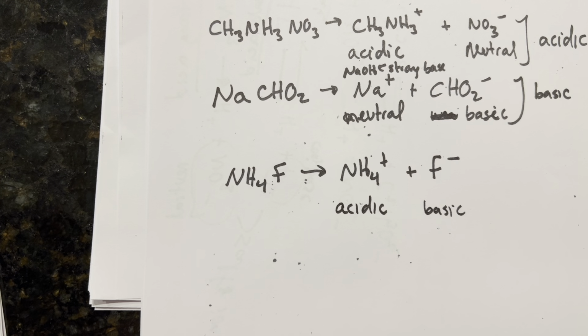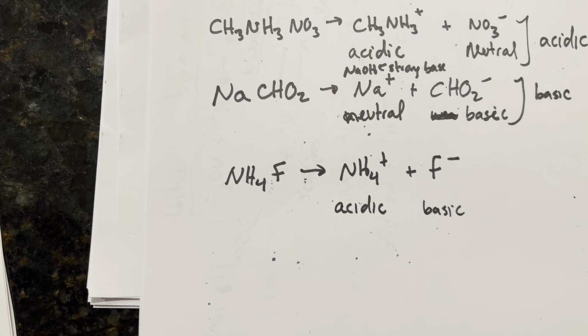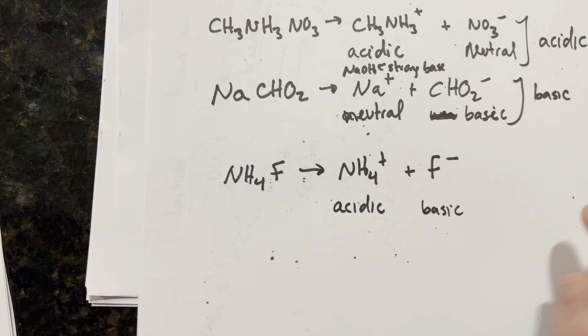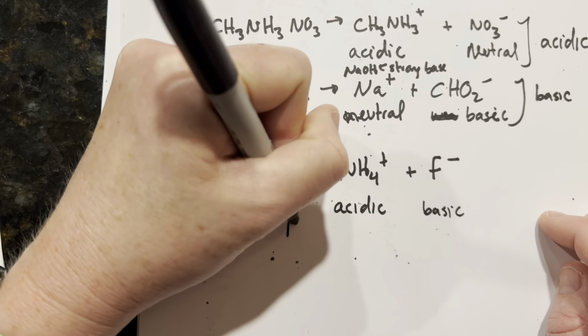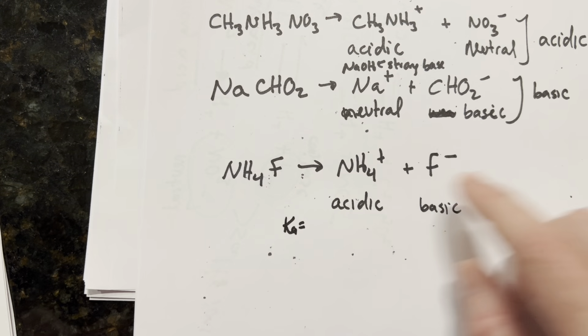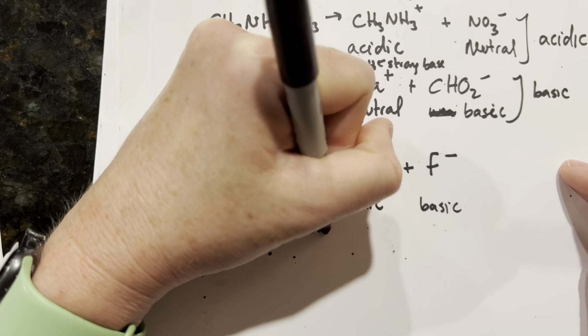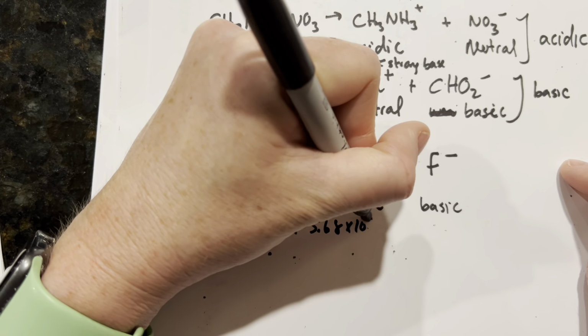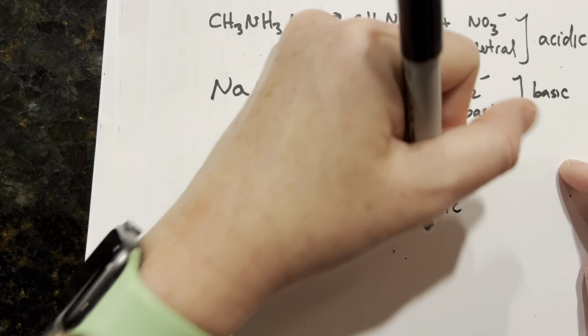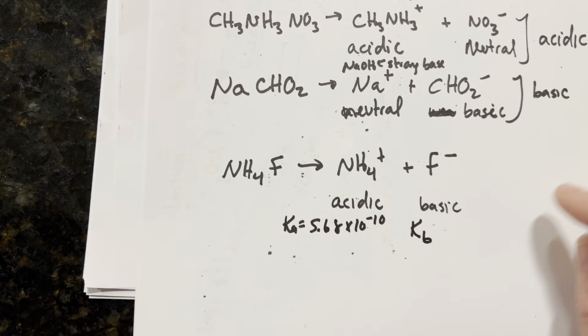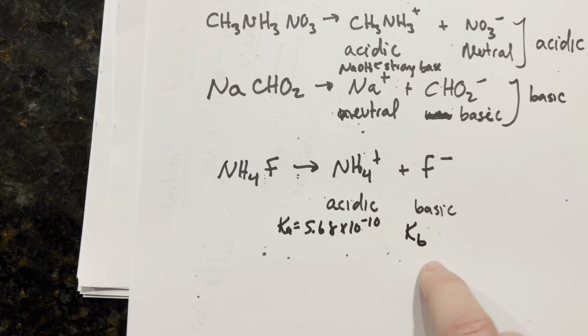But that's okay. That's when you could look at the Ka and solve for the Kb of one of them, or you could just look at a table. I'm just going to tell you. The Ka of NH4 plus is 5.68 times 10 to the negative 10. I want to see if that Ka is stronger than the Kb.